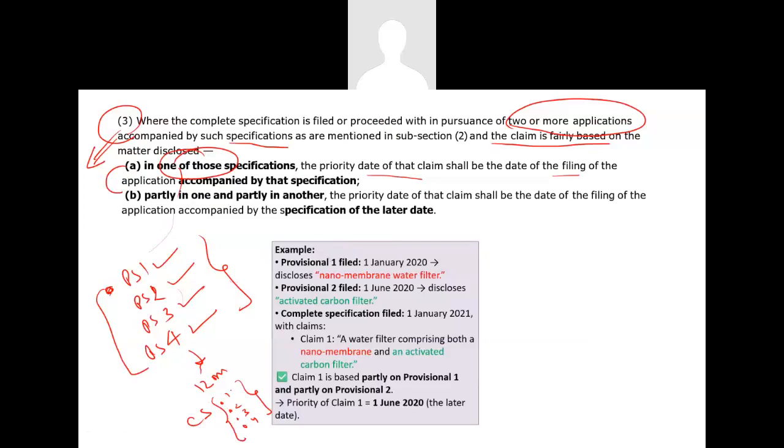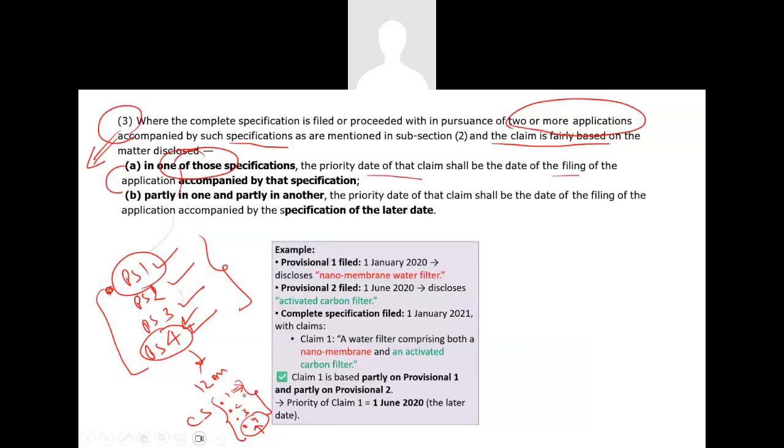If, let's say, claim 1 is based on provisional specification 1, then for claim 1, provisional specification 1 would have been the priority date. If any of the claims is based on provisional specification 4, then the date when provisional specification 4 was filed would be the priority date for this claim also.